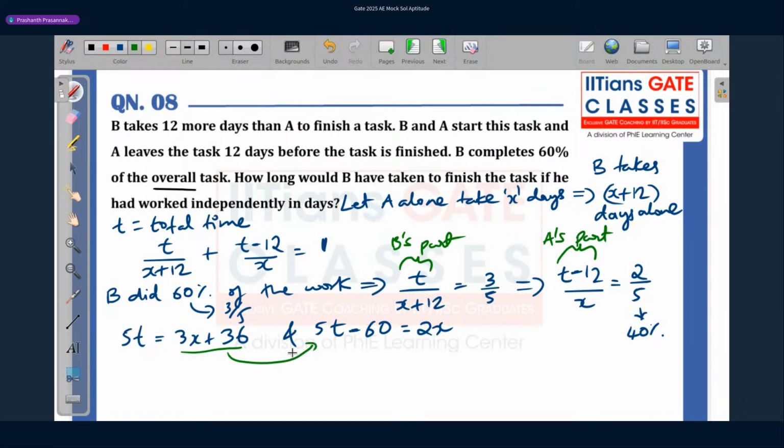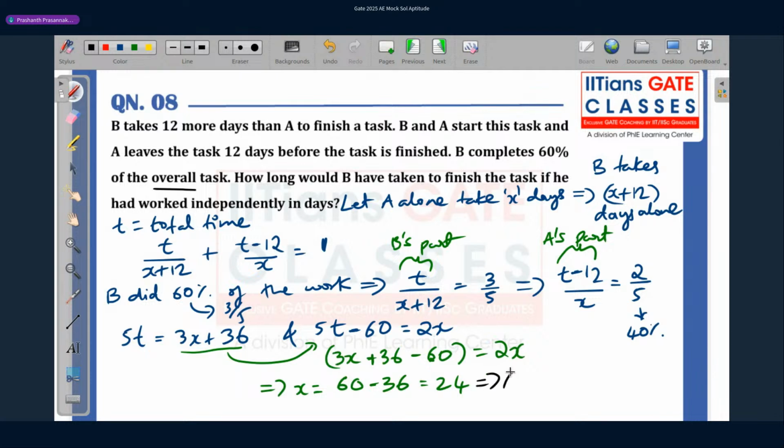So 3x plus 36 minus 60 equals 2x. This will give me x as 3x minus 2x. On the other side, 60 minus 36, which is 24.